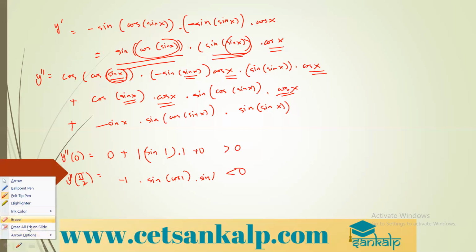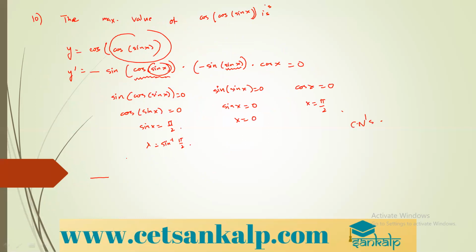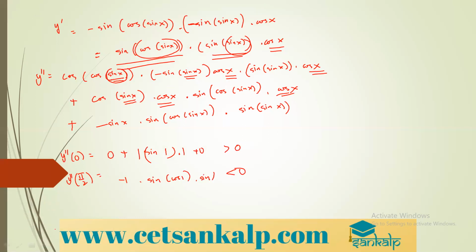One more thing we have, one more critical number. That means sin x is pi by 2. So if sin x is pi by 2, cosine x will be 0. So I will find sine inverse pi by 2 also. Cosine x is 0, so this will become 0.